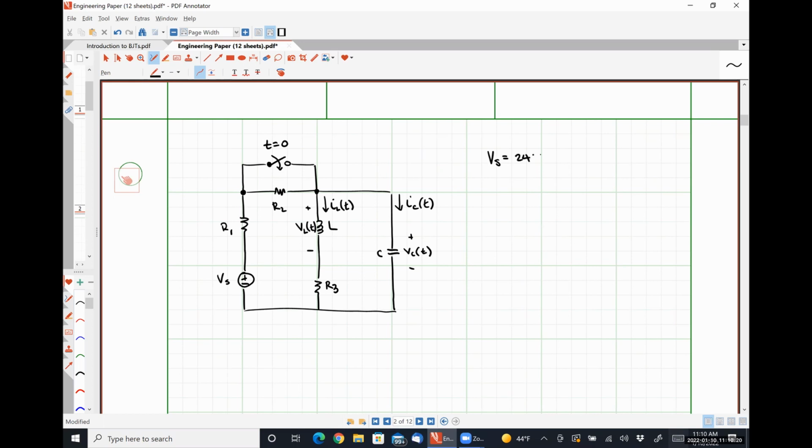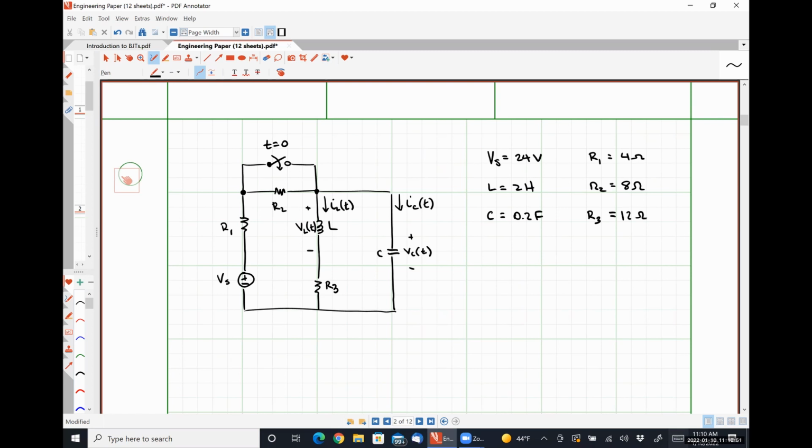Our source voltage is 24 volts. L will be 2 henries. C will be 1/5 of a farad. R1 will be 4 ohms. R2 will be 8 ohms. And R3 will be 12 ohms.